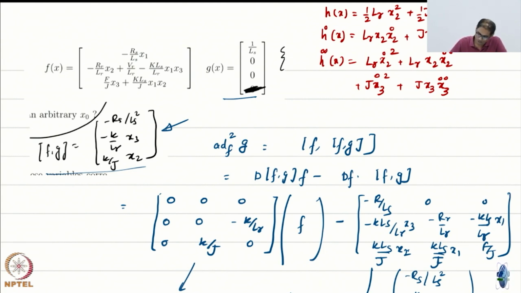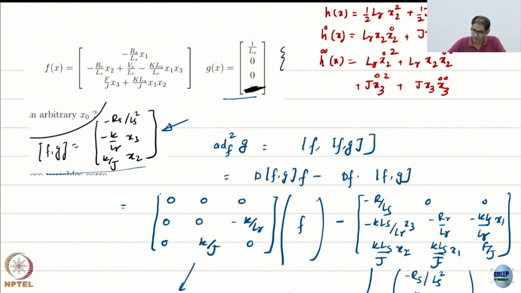Now what do I know? I know that x2 dot square and x3 dot square are not bringing the control, because x2 dot is this, x3 dot is this, and does not have the control in it. But when I take the double derivative of x2 and of x3, I have to take derivatives of these guys, and here I have x1 dot appearing, here I will have x1 dot appearing. And that will give me the control.